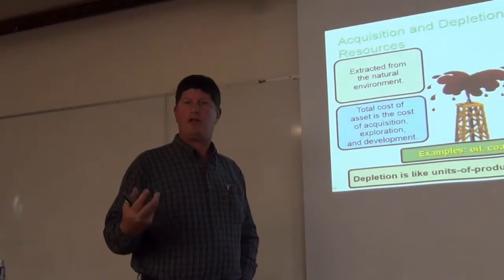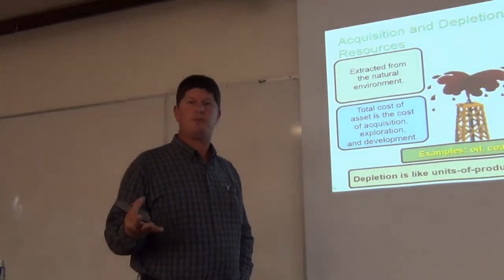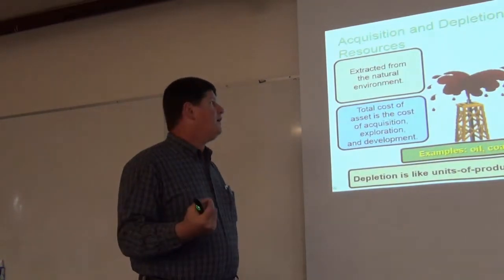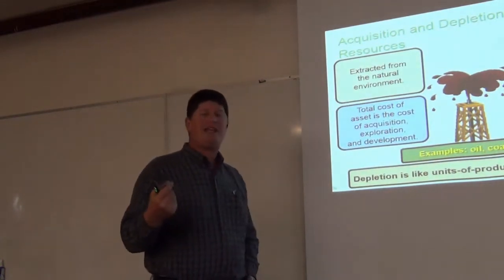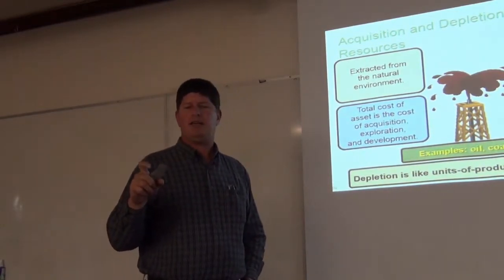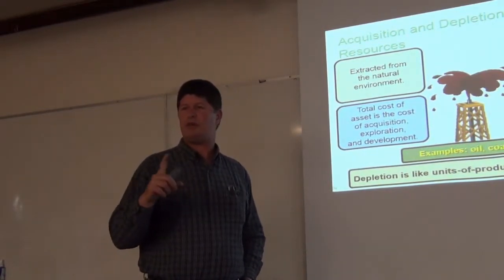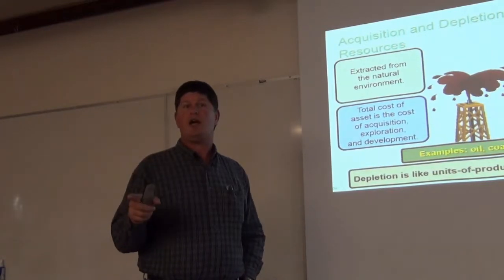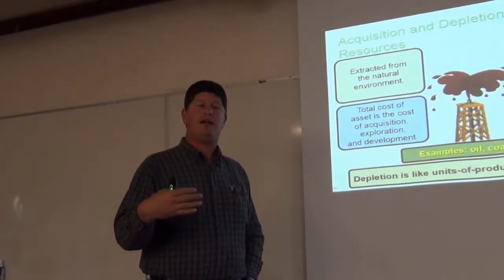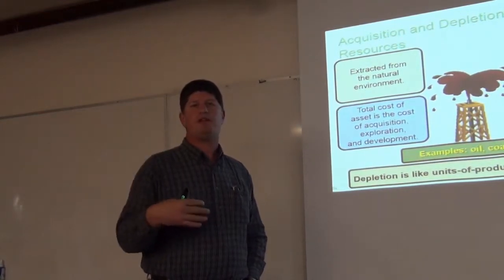This is things like oil, gas, big tracts of timber, steel mine, copper mine. In the case of these natural resources, they don't get depreciated over a fixed period of time. They get used up, and you deplete them over how many units you expect to get.